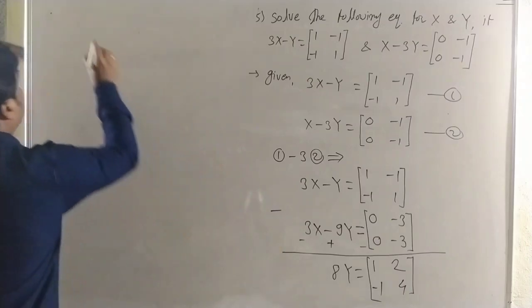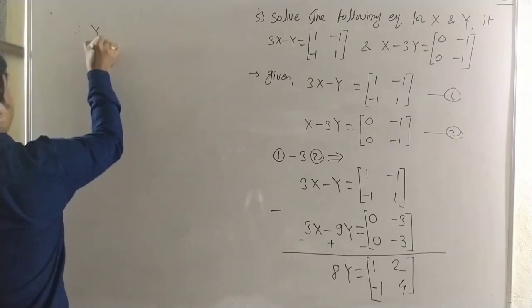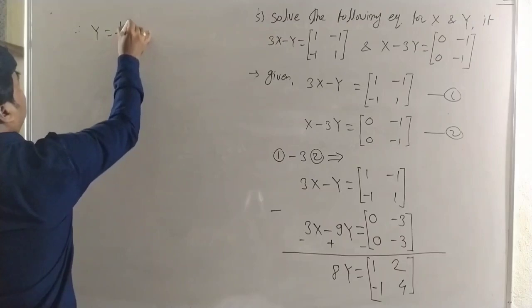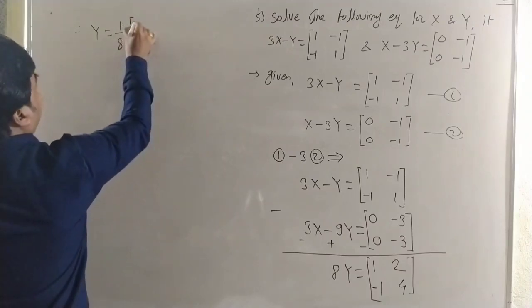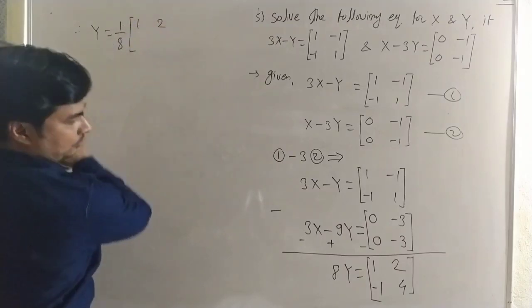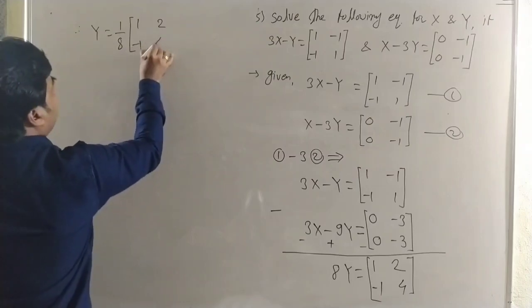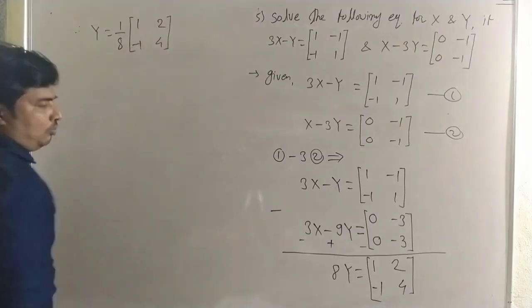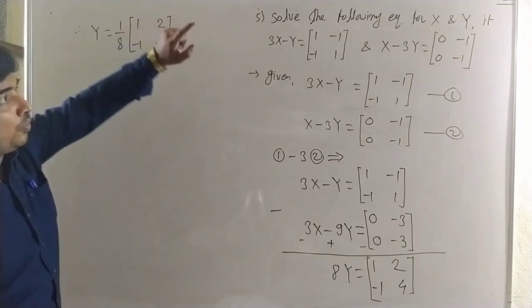Then the y becomes 1 by 8 times the matrix 1 2 minus 1 4, it is the value of y.